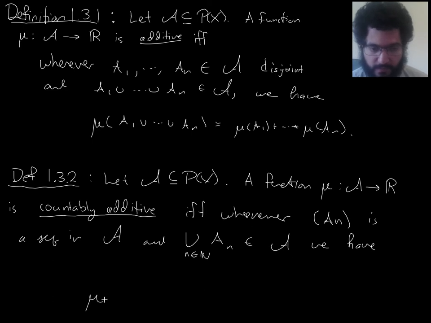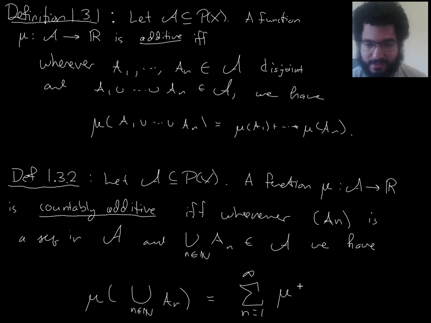Then we have, and I'm noticing that I forgot to say pairwise disjoint. The mu of the union is the sum, the infinite series of the mu's.